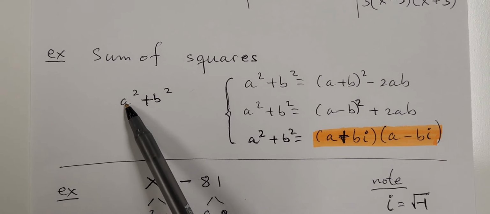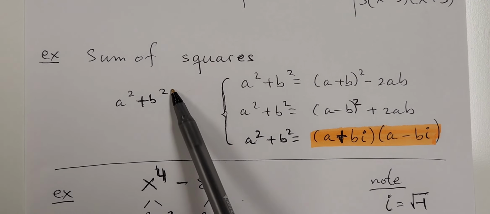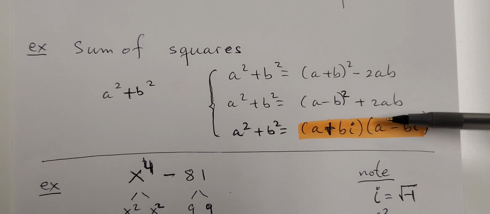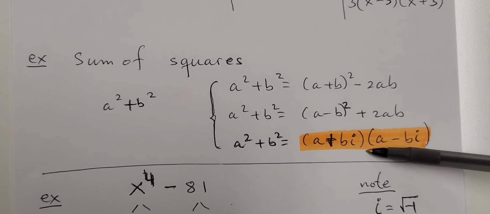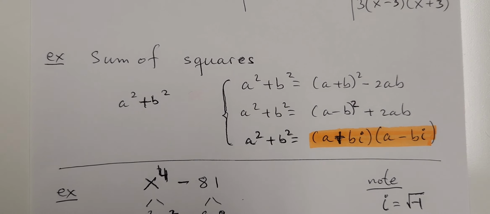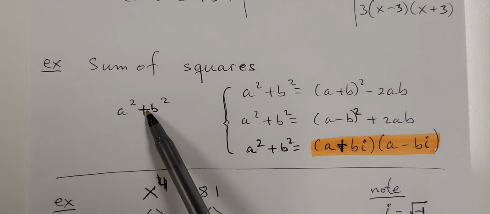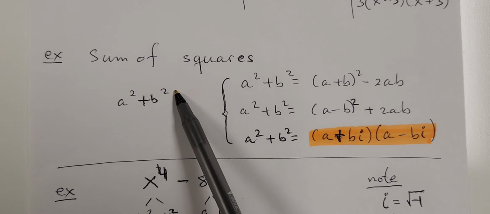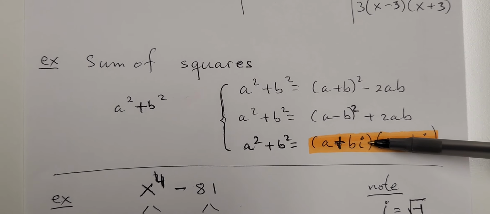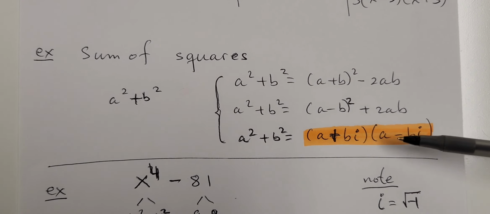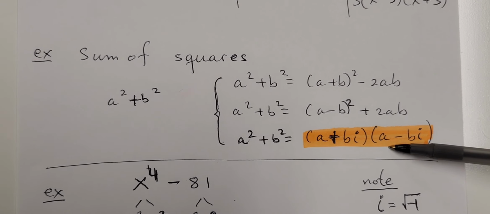Sum of squares is a squared plus b squared. There are 3 ways to do it, but we're going to use the last one because it's easier. One more time. This is sum of squares, a squared plus b squared. There are 3 ways to factor this, but we'll use the last one because it's easier.